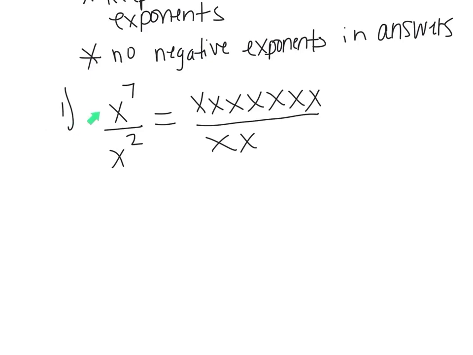First example here, x to the seventh over x to the second. If we expand this all out, we have 1, 2, 3, 4, 5, 6, 7 x's on top and 2 on the bottom. These 2 on the bottom will divide out with 2 on the top. Because we're talking about multiplication, we can do that.